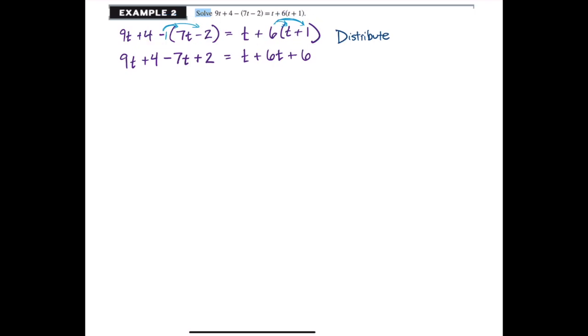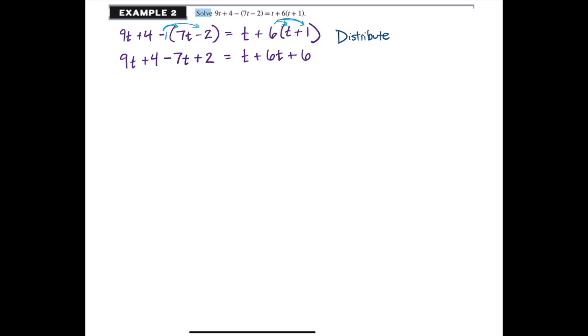That might help you keep a more clear mind. If you try to combine too many steps at once, it's easy to kind of lose track of what's happening. You might start to leave off some numbers, make little errors. So this kind of goes along the line of thinking of trying to be intentional and neat in our work.